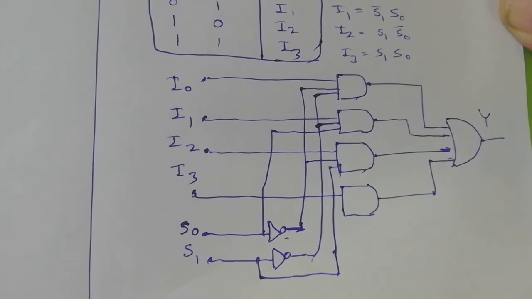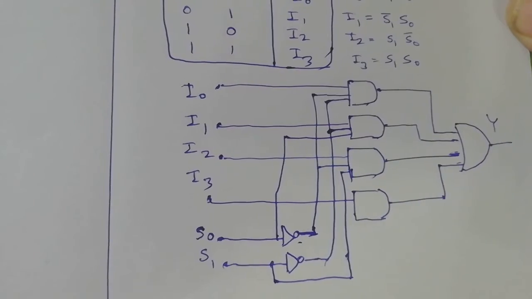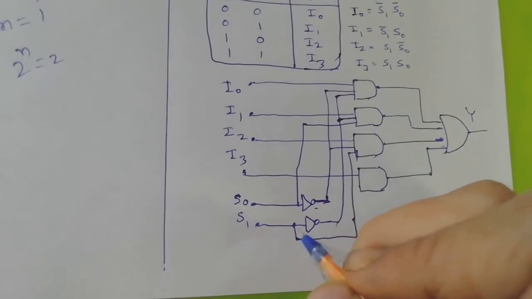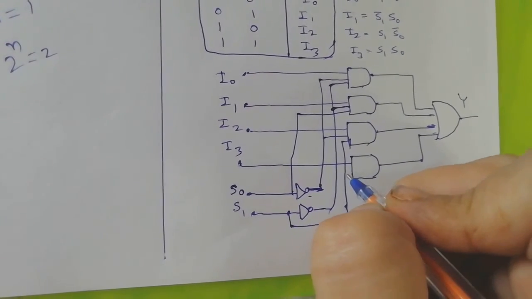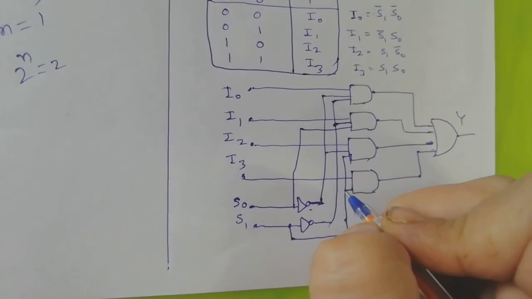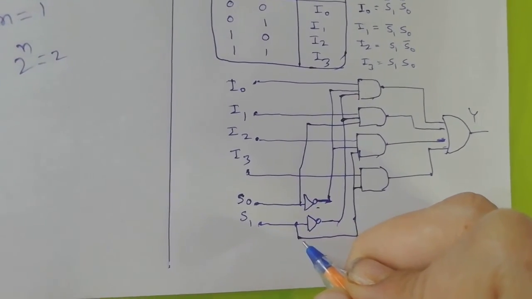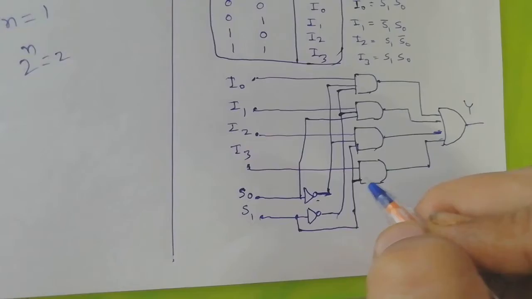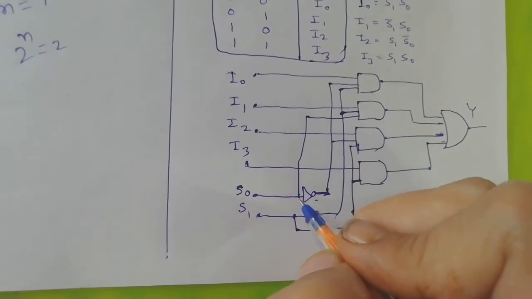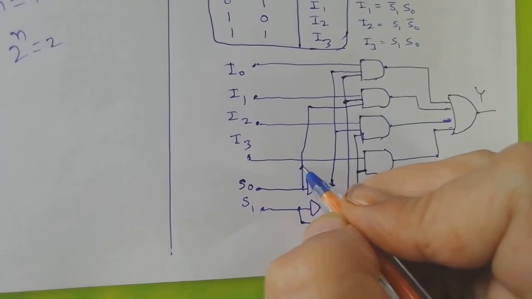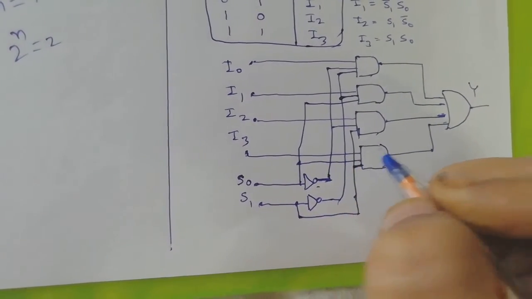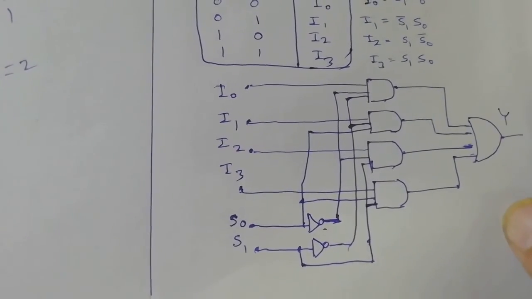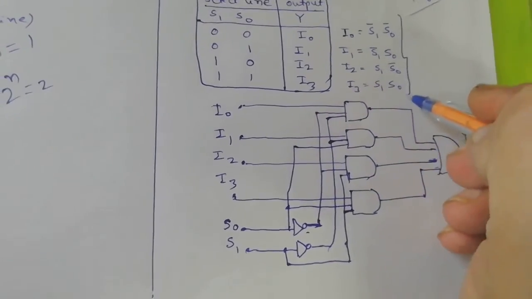Now last we have I3 equal to S1 S0. So here S1 is coming, so we can connect it, and for S0 we can take it from here. So now we have connected based on these.